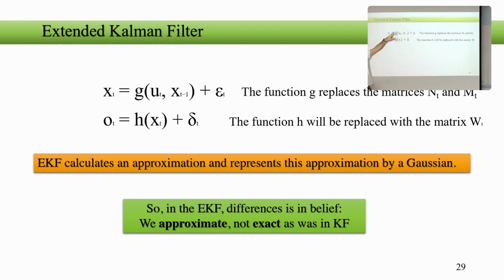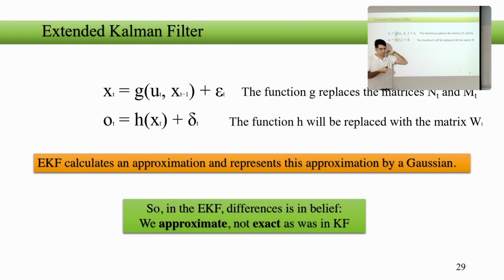So we will talk about how these g's can be implemented, can be declared, and how this h can be declared. So g gets the control command ut and xt minus 1. So it gets the pose and the control command, exactly the same input, but this time non-Gaussian, so that g can model it.